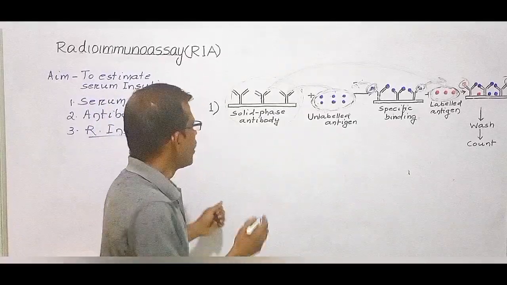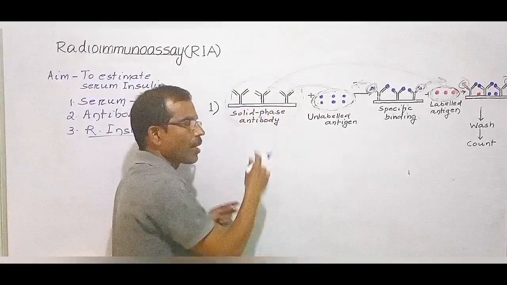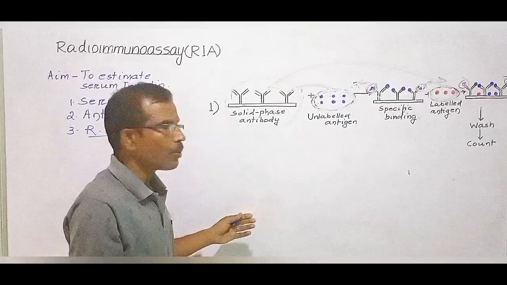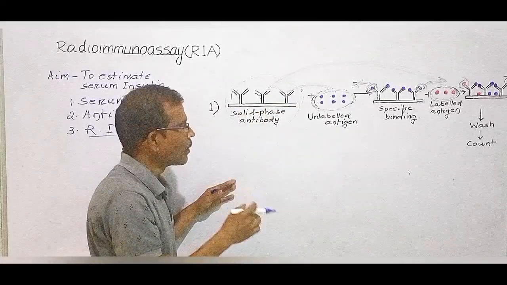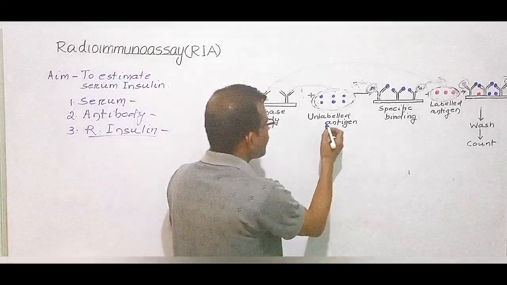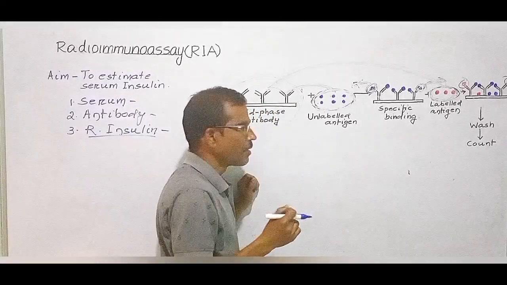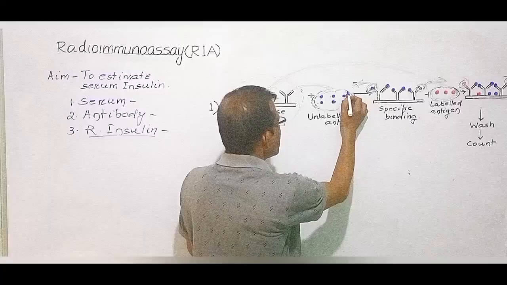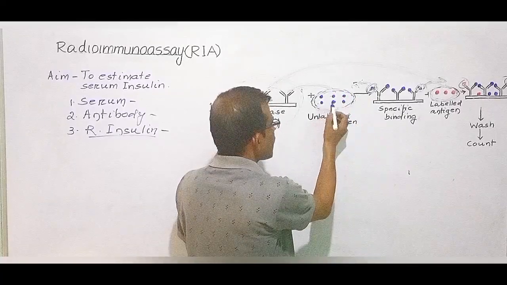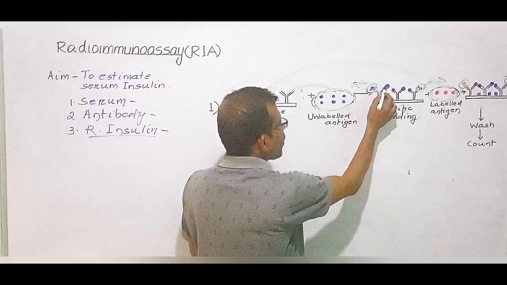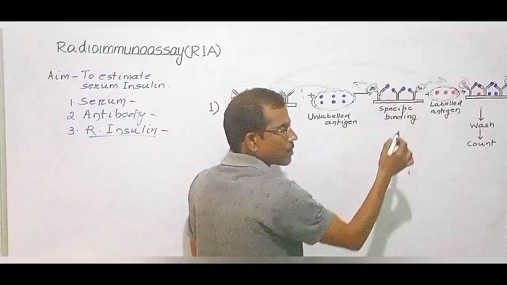First of all, the well of a microtiter plate is coated with antibodies specific for insulin. In the next step, the sample serum is added. The serum contains unlabeled antigens. Following this, these unlabeled antigens will bind to antibodies.